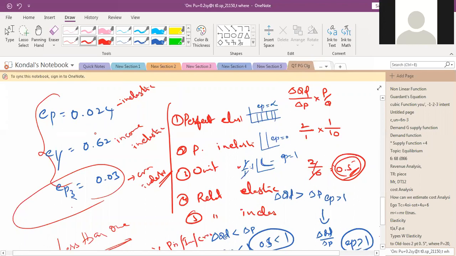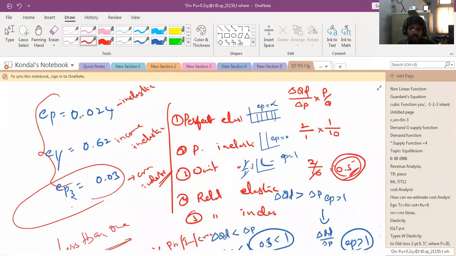When the value is less than 1, it is inelastic. Simple. If the value is infinity, we can say perfectly elastic demand. If the value is 0, we can say perfectly inelastic demand. But the values are not equal to 0 and not infinity, so we can say these are relatively inelastic demand.